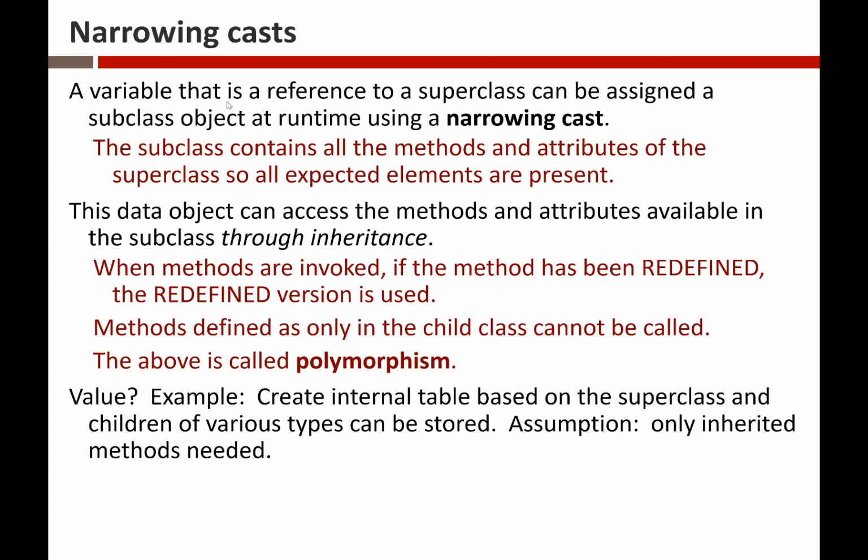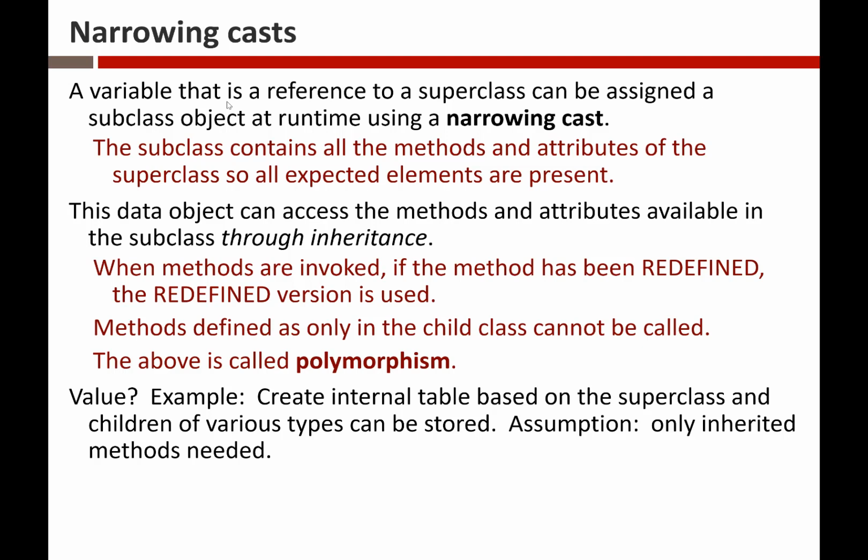In my code, I can create an internal table of type P and put any of these guys in it. Because I can always put a child object in the box of its parent without doing any harm to that child.